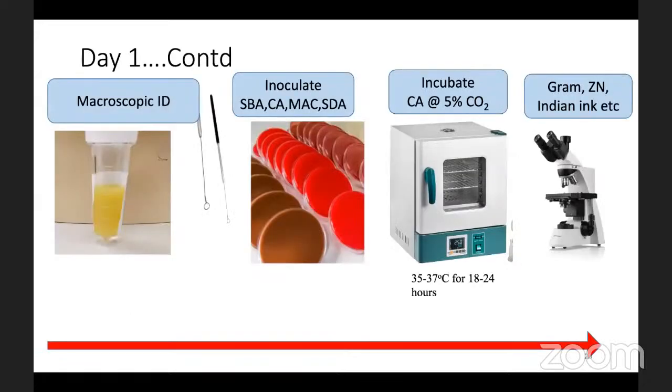So for our aspirates, for our pleural effusions, for our pus, for our ascitic fluid, you describe the macroscopic appearance. You inoculate onto blood agar, chocolate agar, MacConkey agar, and then when there's the need for fungal, you add your Sabouraud dextrose agar. And then you incubate, but the chocolate agar goes to a 5% CO2 jar.